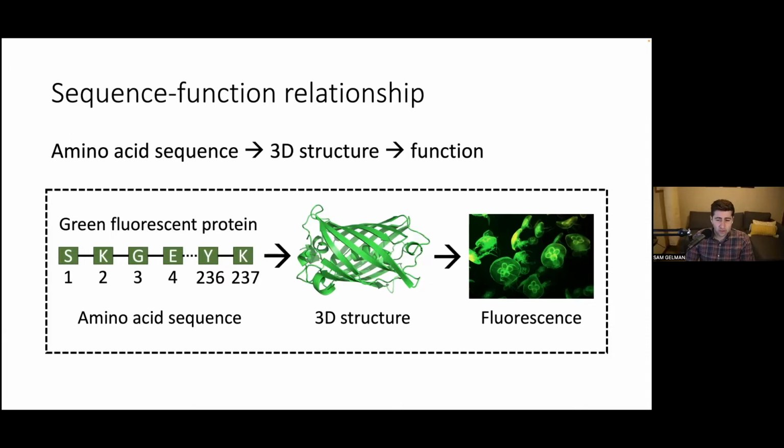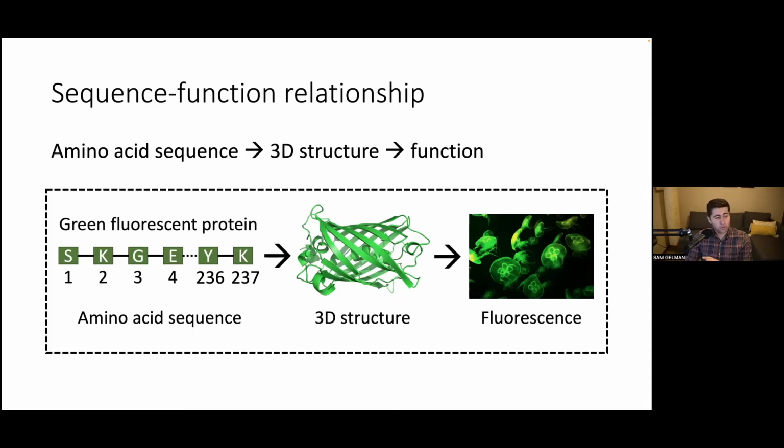Here, looking at green fluorescent protein, this is a protein found in jellyfish that converts ultraviolet light to green light. It's made up of 237 amino acids, and in general, a protein can be anywhere from several dozen to thousands of amino acids. And the amino acids interact with each other and fold into this 3D structure, and then that structure determines the function of the protein, which in this case is fluorescence.